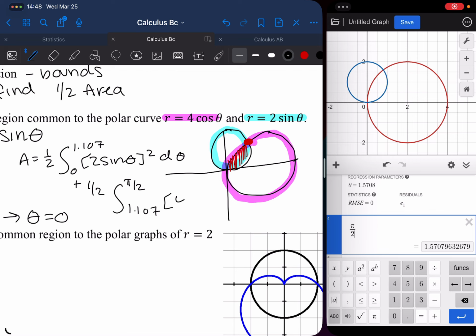And then this is 4 cosine theta squared d theta. So you would type that entire thing into Desmos and it would give you your answer. You are not required to solve this by hand at all on the entirety of 9.8 or 9.9. And so when you solve it, you get that the area is equal to 0.9617.